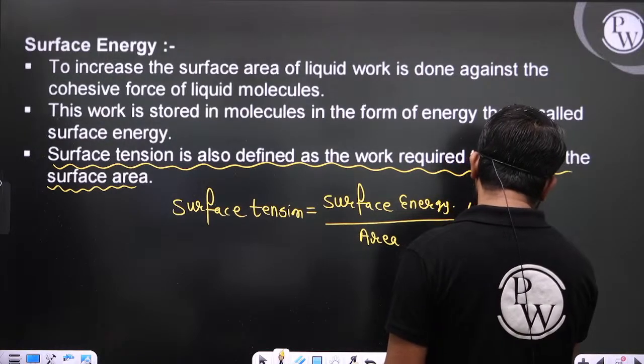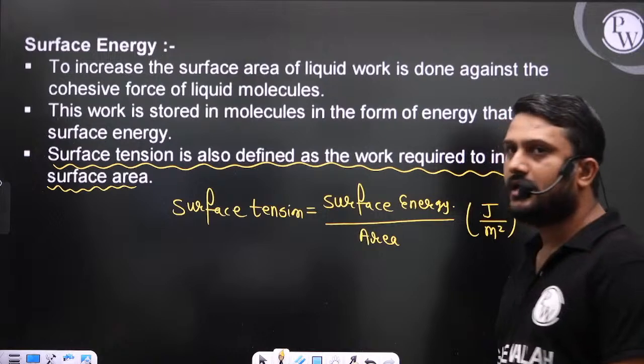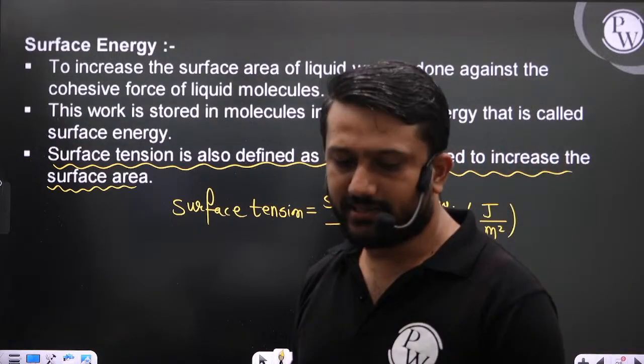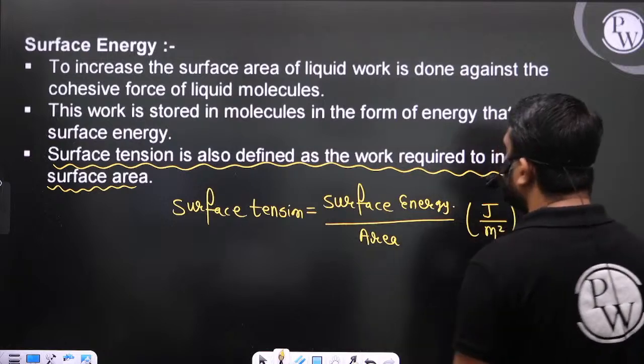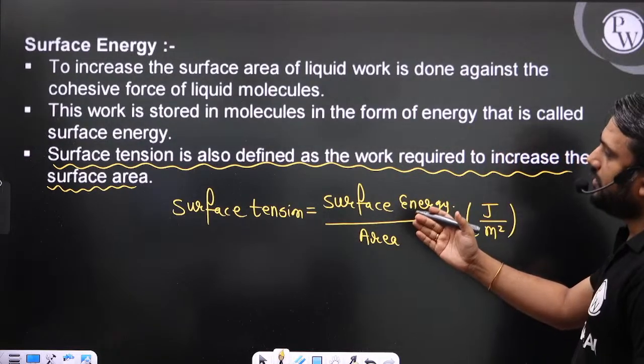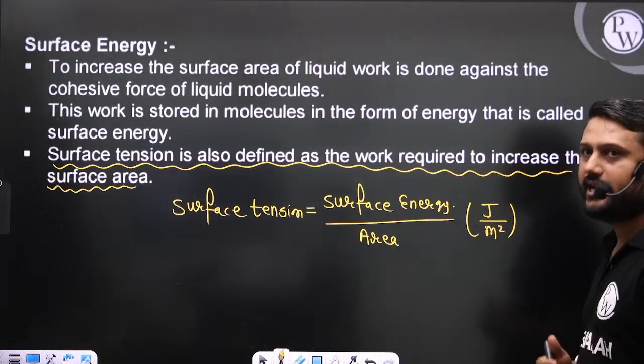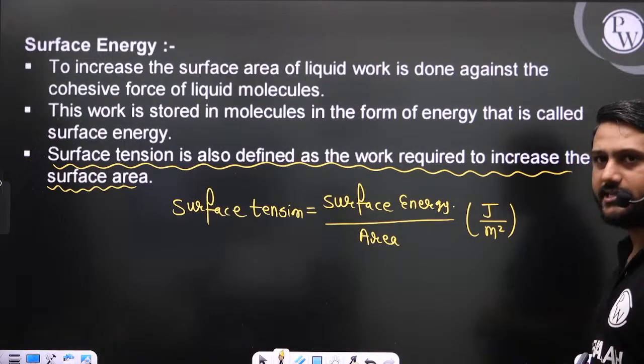So this is another unit of the surface tension, joule per meter square. Surface tension is also defined as the surface energy per unit area, and that unit is joule per meter square.